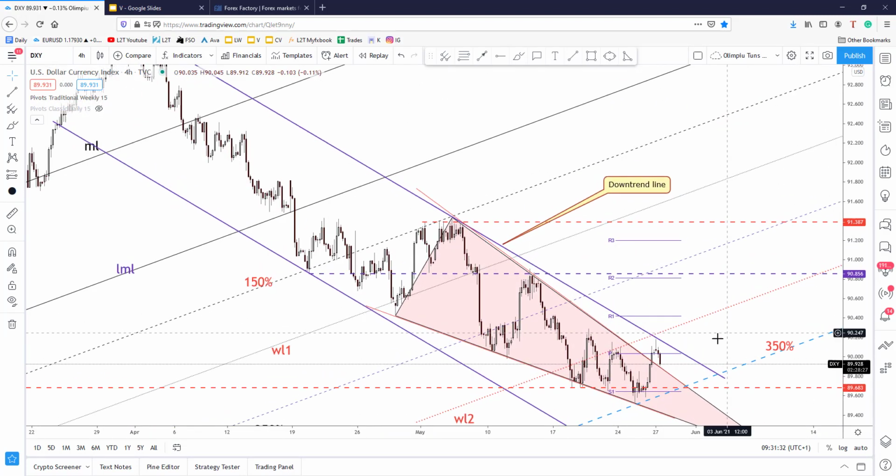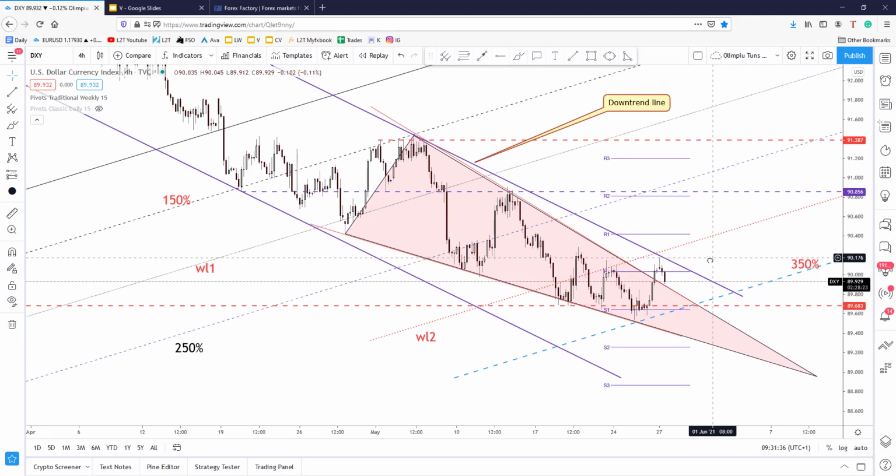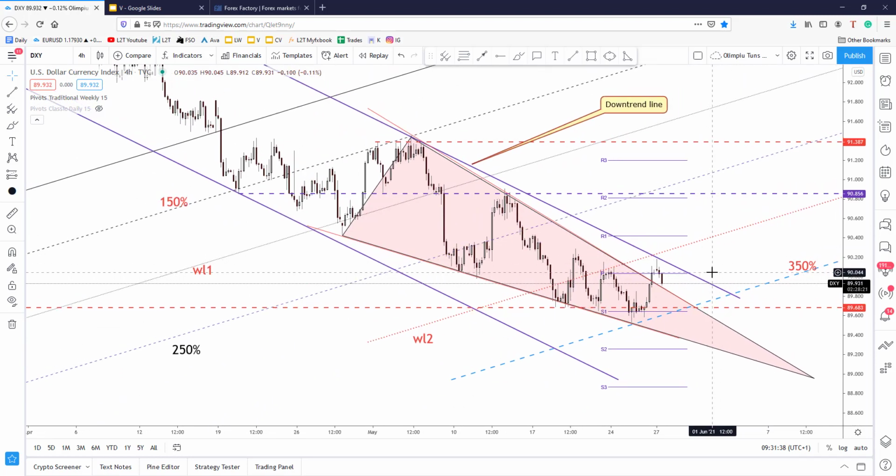But I've told you that you should be careful because the bias is still bearish on the DXY, on the US dollar index, as long as the price is located right below the weekly pivot point. It has registered only a false breakout above it. It has closed this minor gap here, signaling that the DXY, the US dollar index, could drop again.